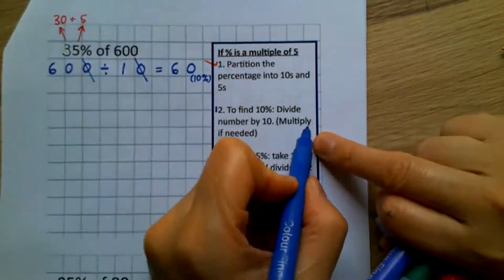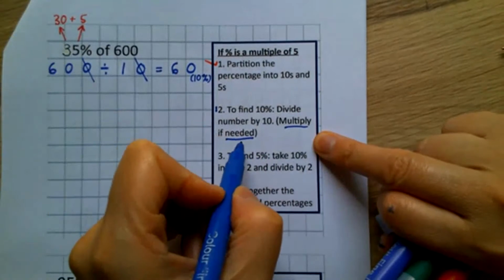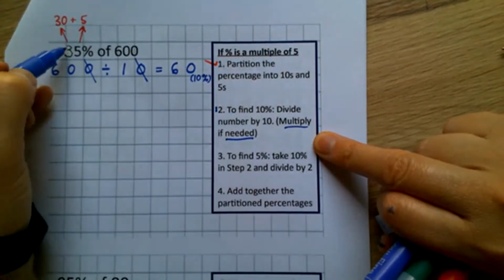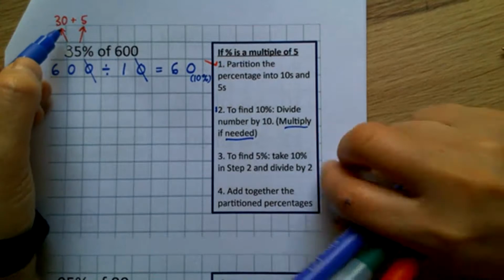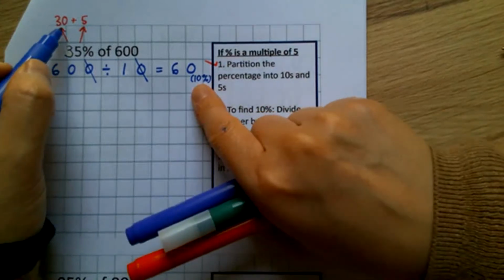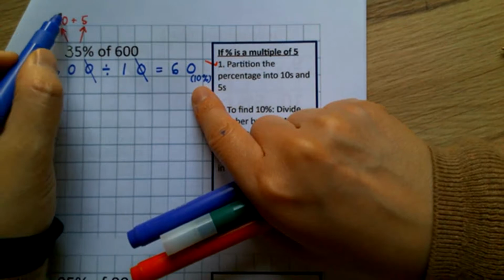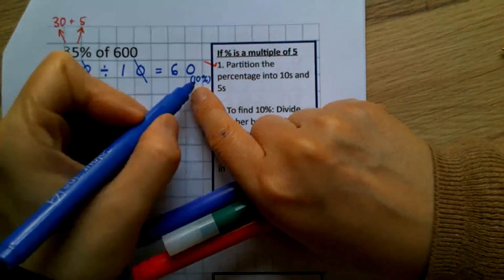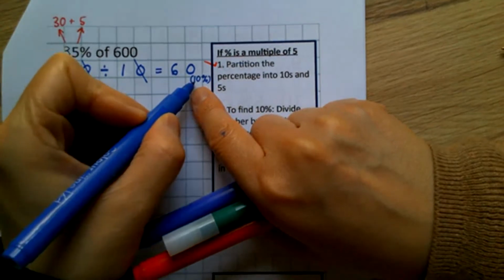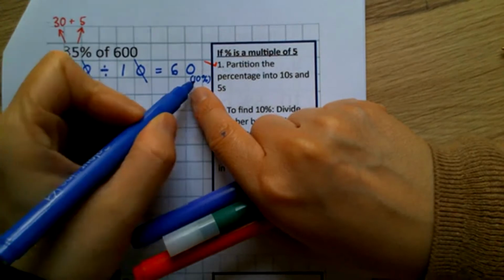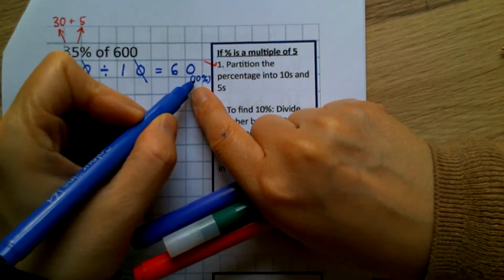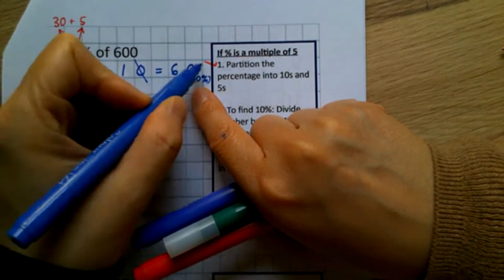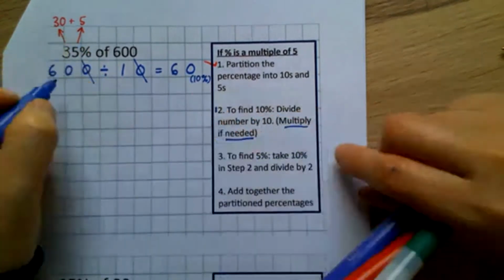It says here in brackets though, I need to multiply if needed. So I'm going to go back to my tens. Am I looking for just 10%? No, I'm looking for 30%. This is just 10. So if I were to divide 30 by 10, my answer would be 3. So I actually have to multiply this 10% by 3.